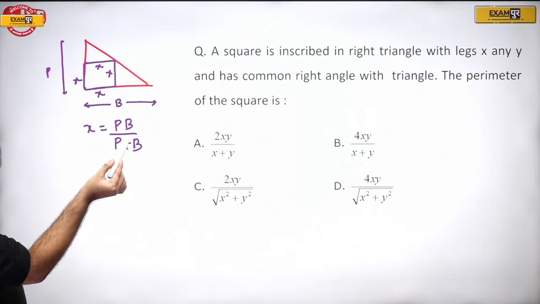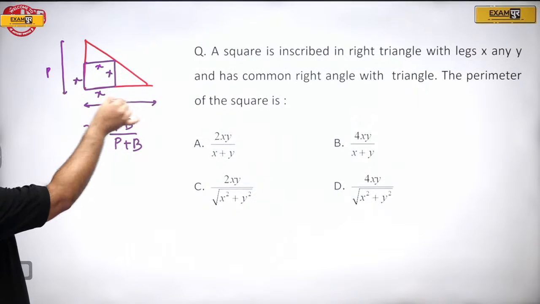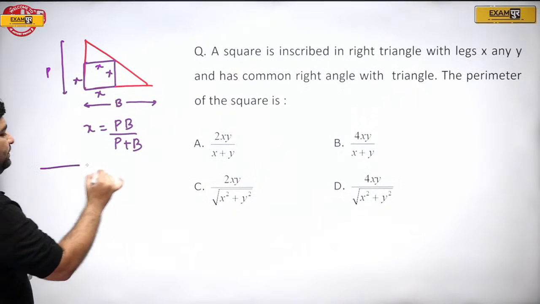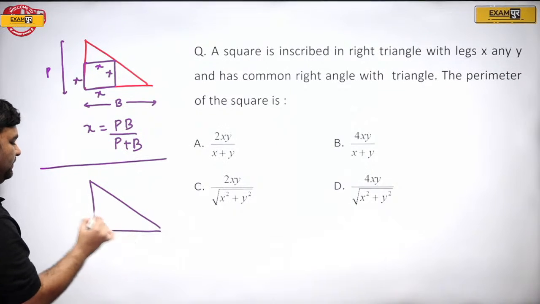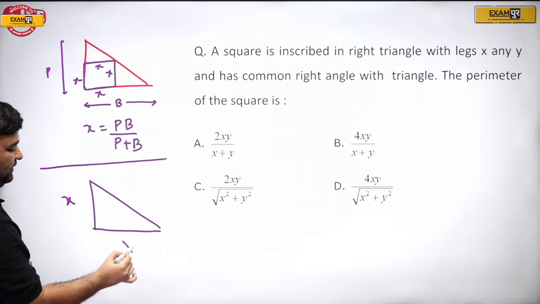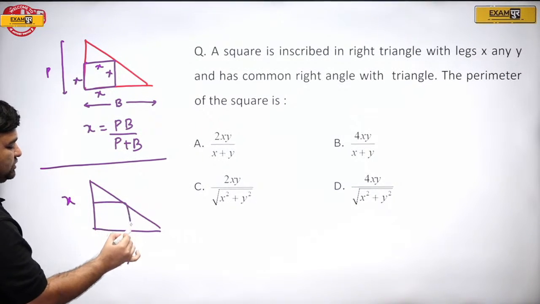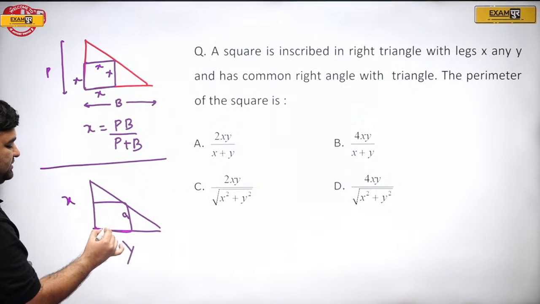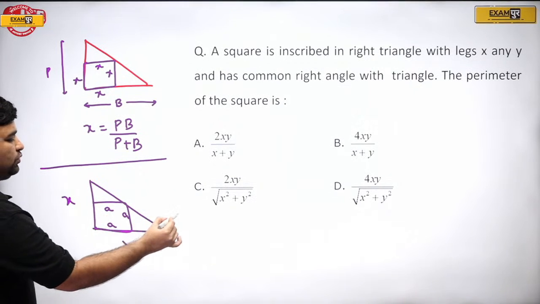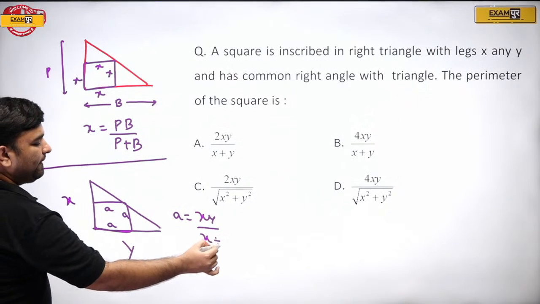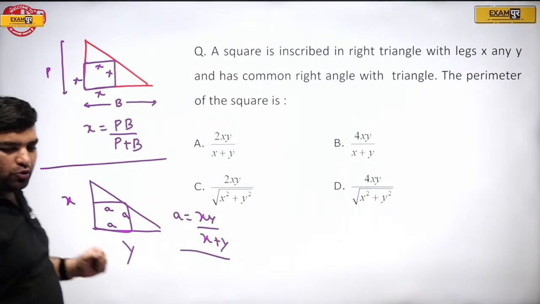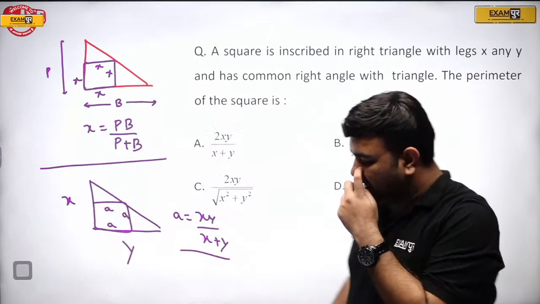So side of the square, okay, these legs are given as x and y. So we would be dealing with it in another diagram. These are x and y and the square's side is, let's suppose, a. So a is x into y upon x plus y. Side of the square is x into y upon x plus y.